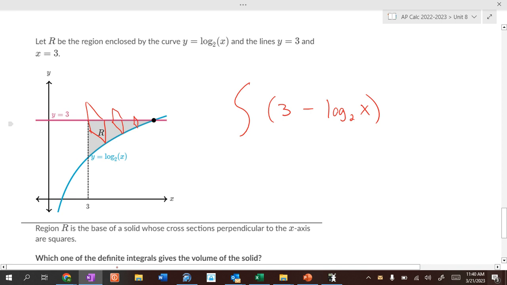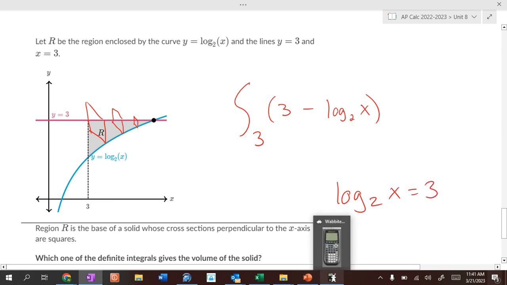From where to where? Because we're going perpendicular to the x-axis, so same thing. So it's 3 to wherever. Ooh. Where is the wherever? Wherever log base 2 of x is equal to 3. How do we do that problem?